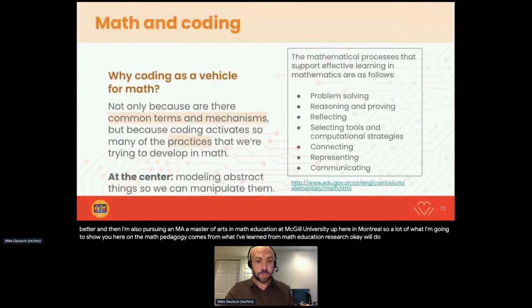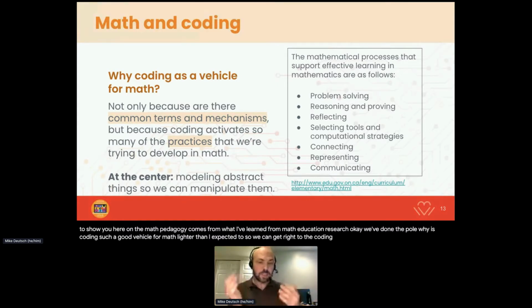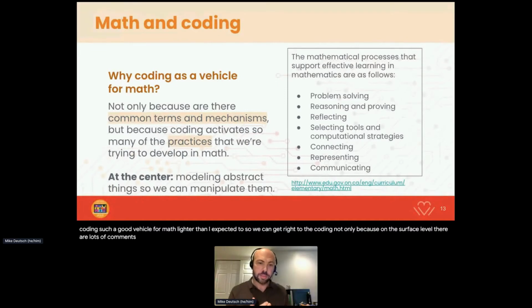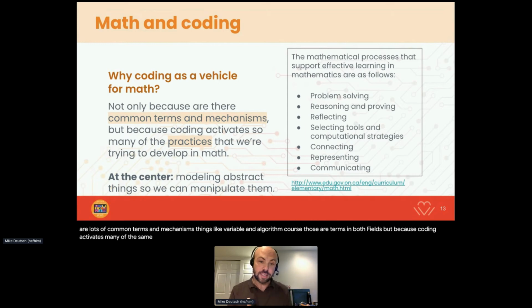Okay, we've done the poll. Why is coding such a good vehicle for math? I'm going to touch on this, I think, a little lighter than I expected to, so we can get right to the coding. Not only because on the surface level, there are lots of common terms and mechanisms, things like a variable, an algorithm. Of course, those are terms in both fields, but because coding activates many of the same practices that we're trying to develop in math class.